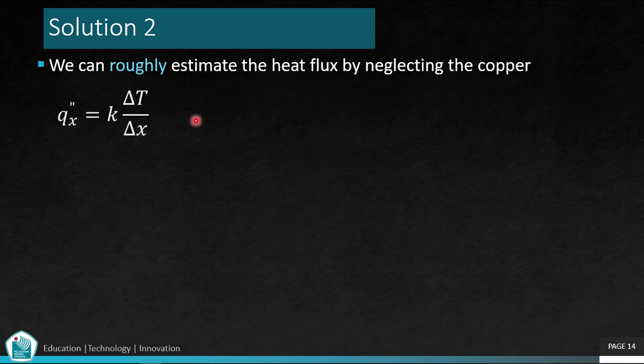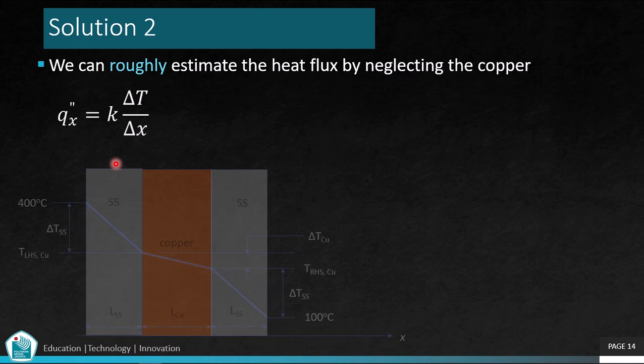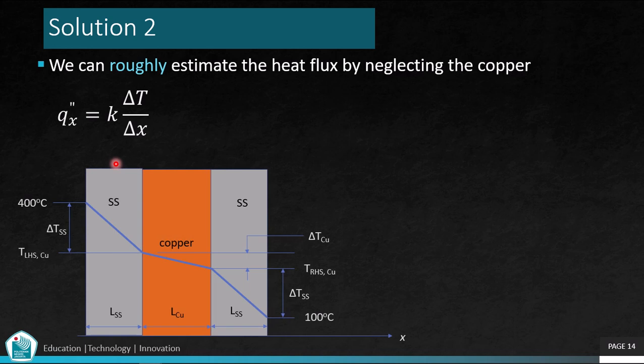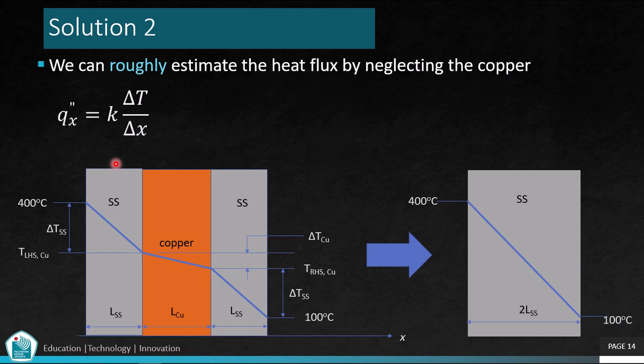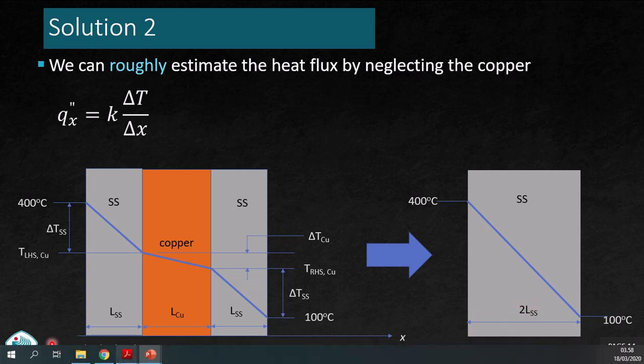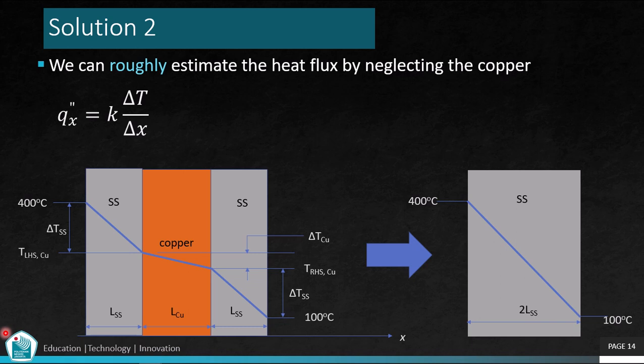So remember, this is the equation of the heat flux, as we already saw on the previous slide. And if we neglect the presence of the copper, we only have the stainless steel with the thickness of 2L_SS.